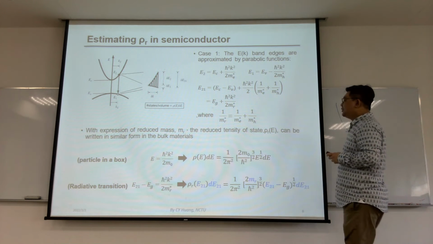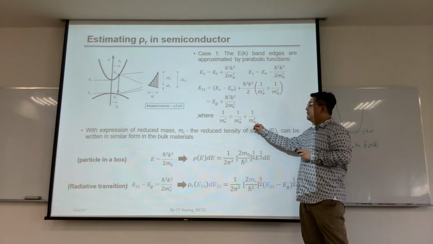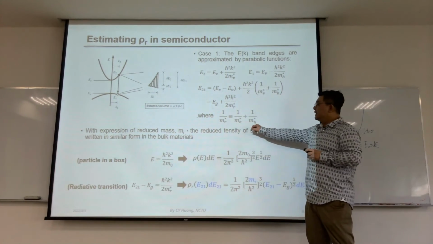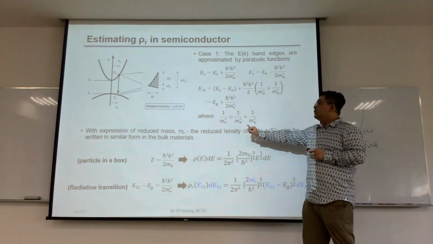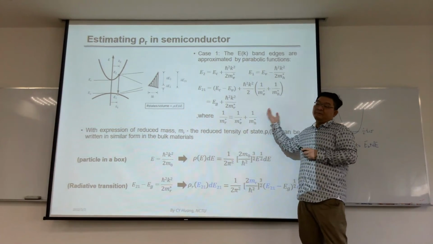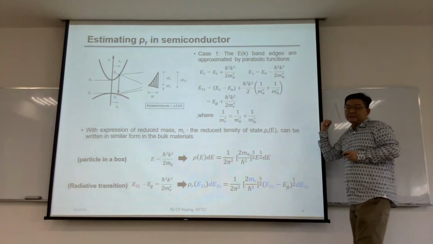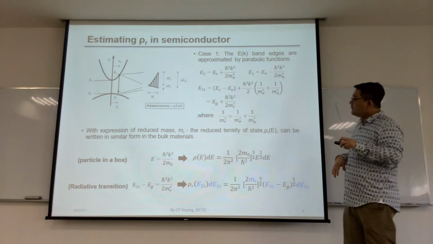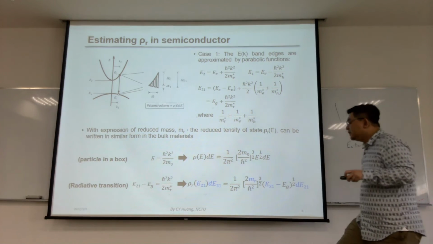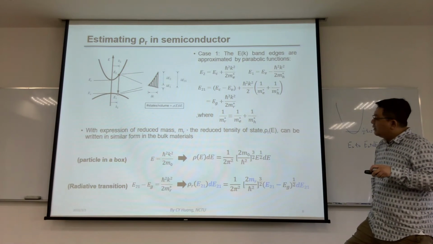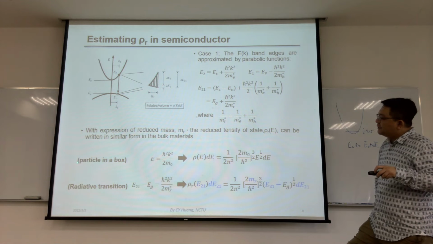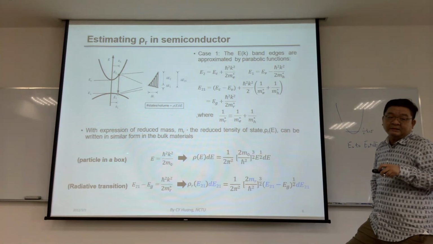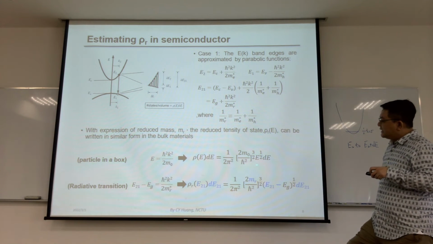If it is a transition between electron and heavy hole, then it is m_HH, and the transition with electron and light hole, m_LH, then the spin-orbit transition.